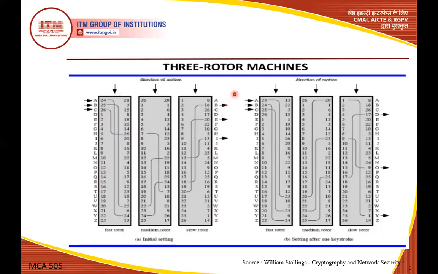After that, the second round. Let's take a different example, B. B is mapped to 24, 24 is assigned to 25, 25 is assigned to 17, and 17 is assigned to D. So in the second round, we get B to D.